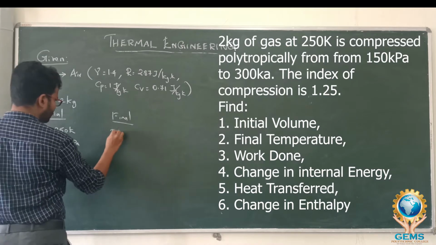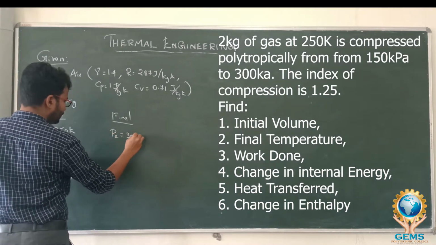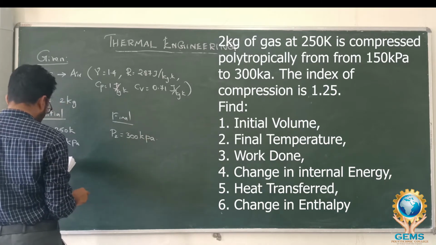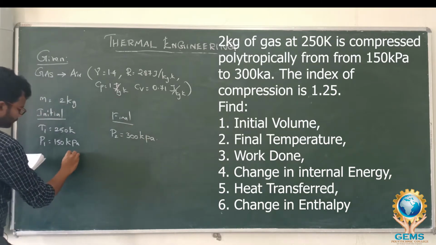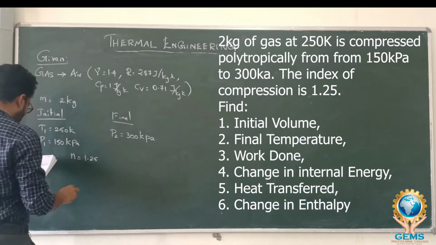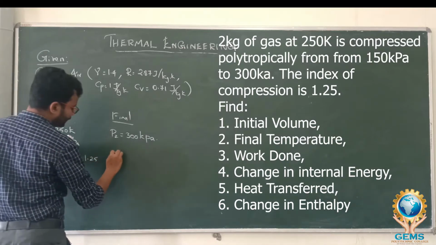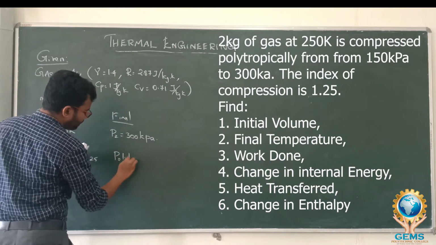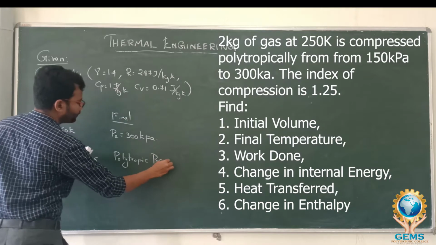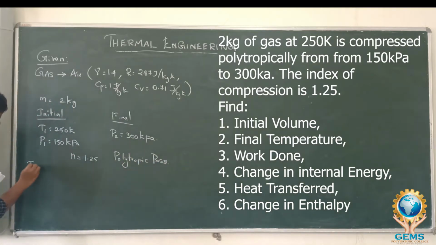Final pressure P2 will be 300 kilopascal. The index of compression, that is n value, is 1.25. What is the process here? We are using polytropic process.